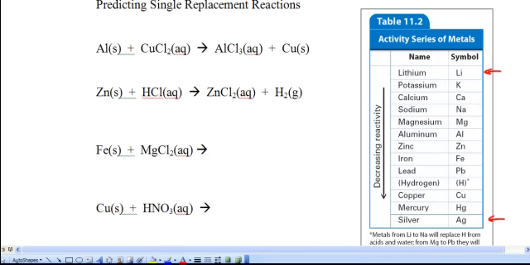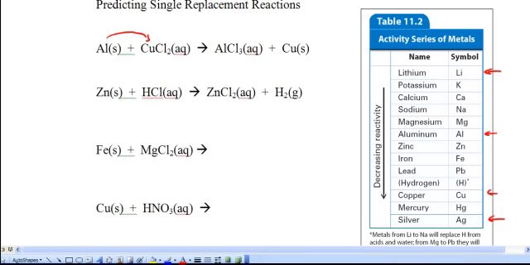For example, in this first reaction, you have aluminum that's replacing the copper. And if you look at the activity series, sure enough, aluminum is higher and more active than copper. So the higher on this list that you are, the more active that you're going to be, and any of the higher elements are going to replace any of the metals that are below them on the list.